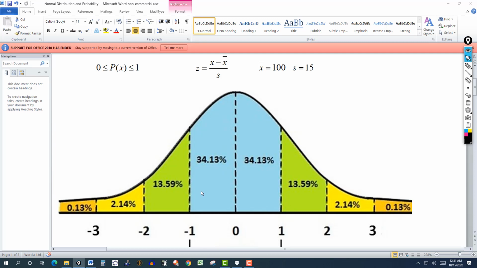In other words, suppose I take one score at random, what's the probability that that person scores in this range right here between these two? Because it's just one standard deviation this way, one standard deviation this way. Okay, so all I would have to do is add these up, and I would say the probability, the percent of the person being in that interval would be 0.68 if I rounded to two places. The probability would be 0.68.